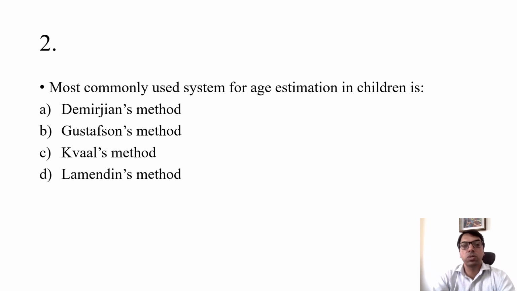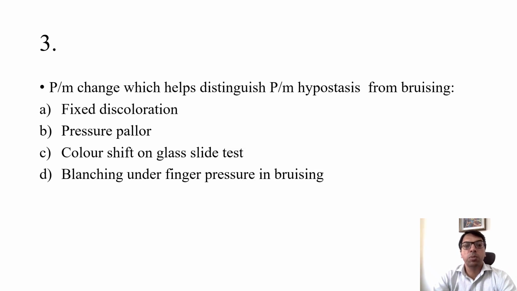And the next question is: a postmortem change which helps to distinguish postmortem hypostasis from bruising is: fixed discoloration, pressure pallor, color shift on glass slide test, and blanching under finger pressure in bruising. So we know what is the cause of hypostasis.